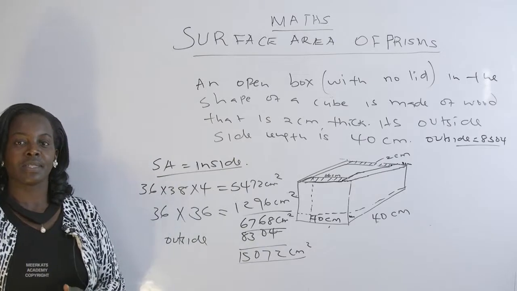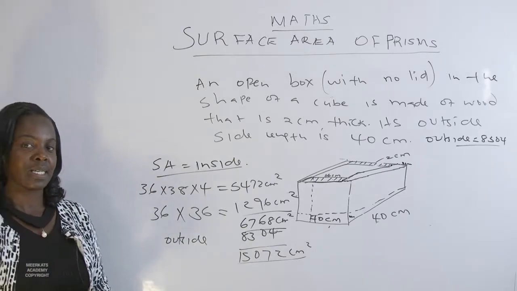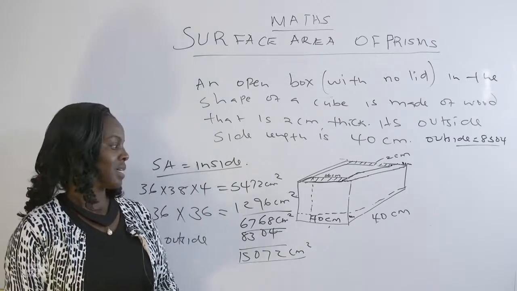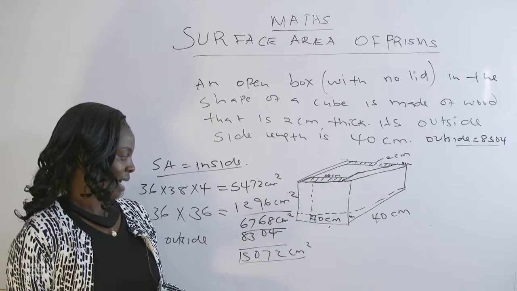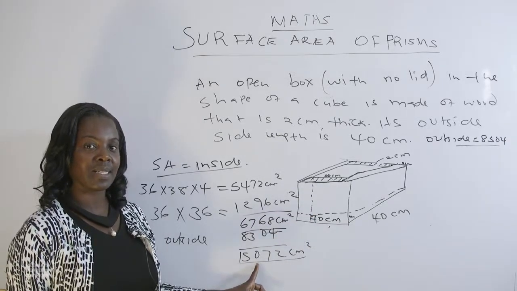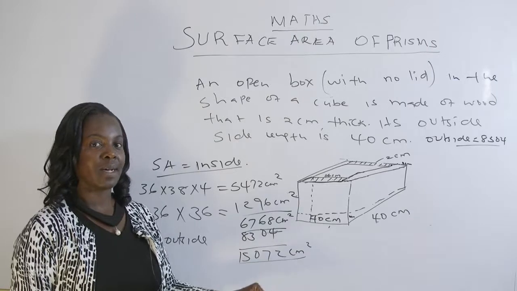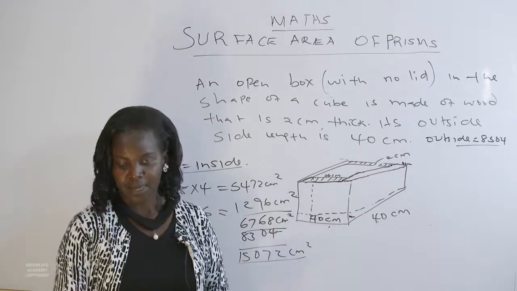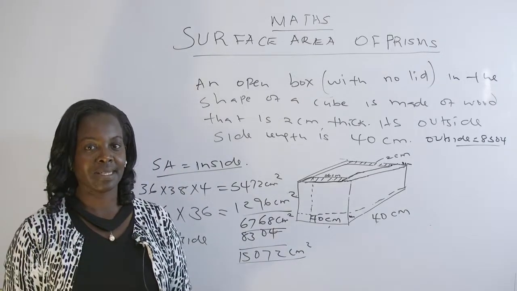So that is the total surface area for the wood, both inside and out. It will give us 15,072 square centimeters. Now that was the correction for last class.